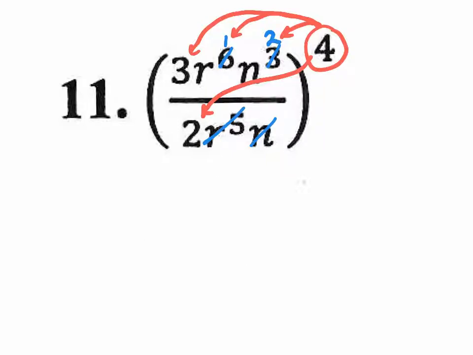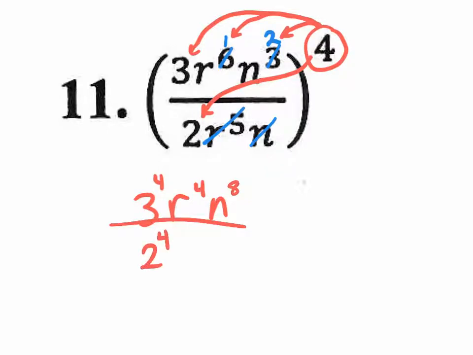So our almost final answer is going to be 3 to the 4th, R to the 4th, N to the, and right here we have 2 times 4, that's going to be 8, over 2 to the 4th.